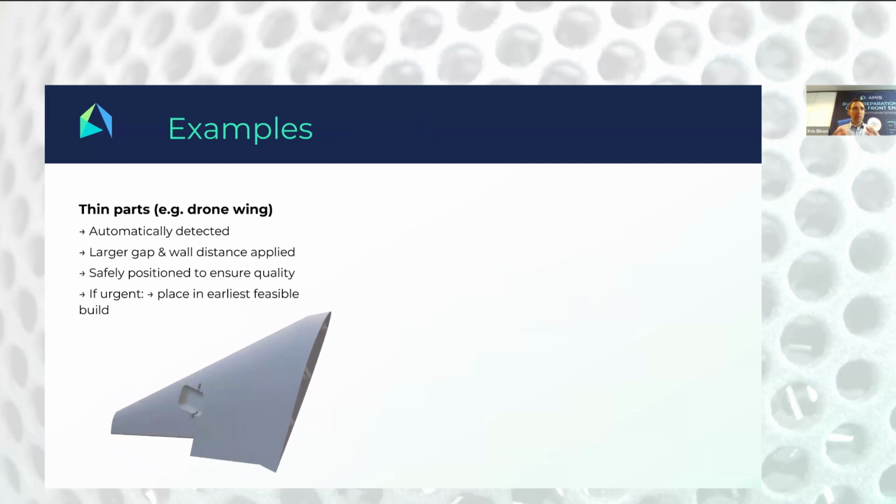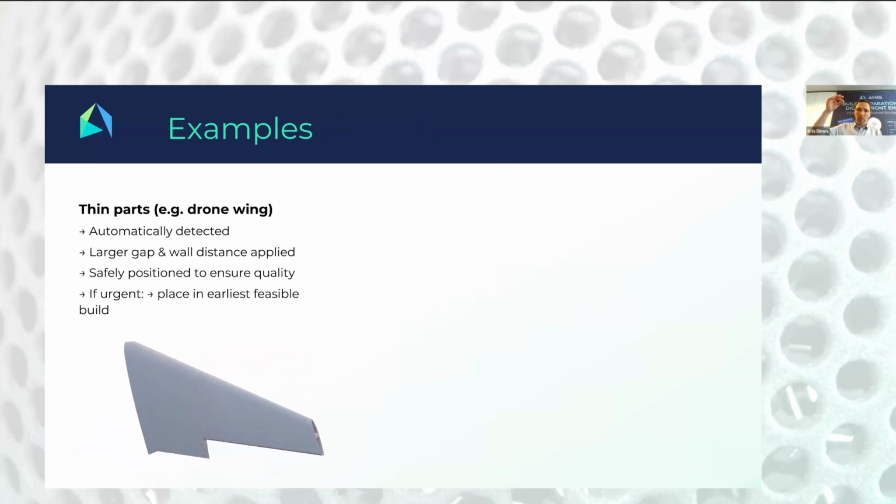Well, you have thin, long parts, and drone wings could be a good example. Typically, you have a long dimension over one edge, a long dimension over the other edge, and very little dimension in the third axis. That's something you can know, something you can actually have calculated. Or you could start comparing volume to surface, which could also be an indicator.